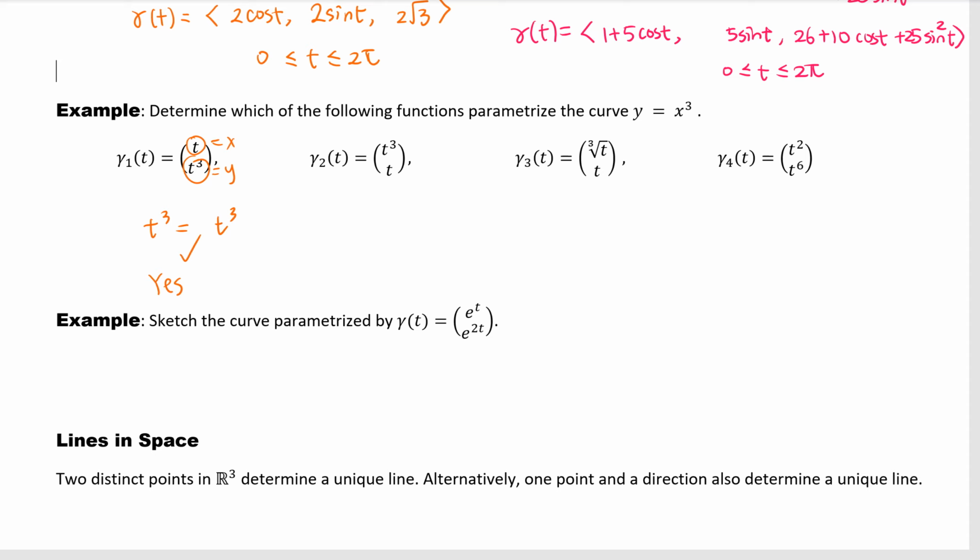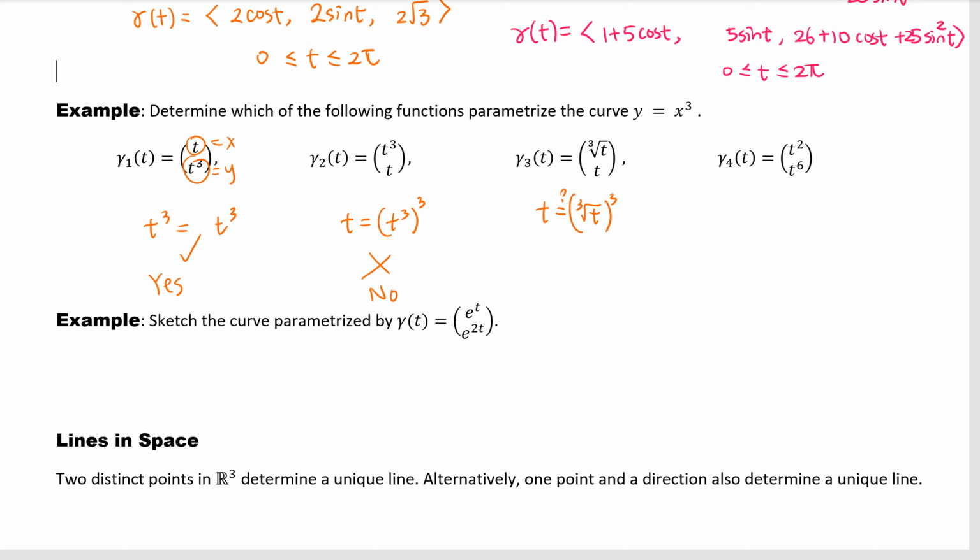And then the second one, x is t cubed, y is t. So we plug in y is t, and x is t cubed, but we also have x cubed. Is this true? No. Okay, let's look at this. Y is t, and then x is the cube root of t, and then we have x cubed.